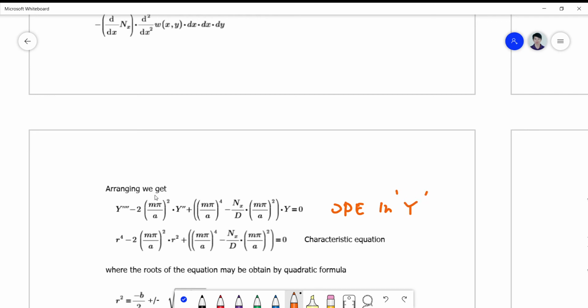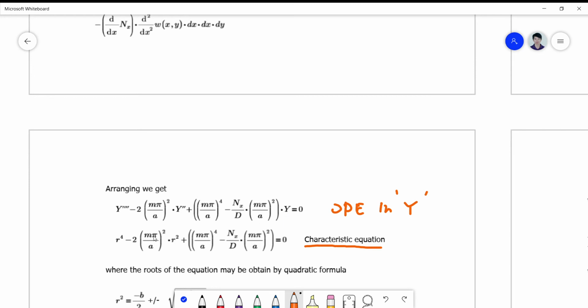Okay, so you have the fourth derivative, the second derivative, and the 0th derivative. So we can make use of a characteristic equation or auxiliary equation to come up with the solution of this. So this is just a quadratic equation in the form r to the fourth minus 2 quantity m pi over a squared r squared plus this, which is a constant of your variable y.